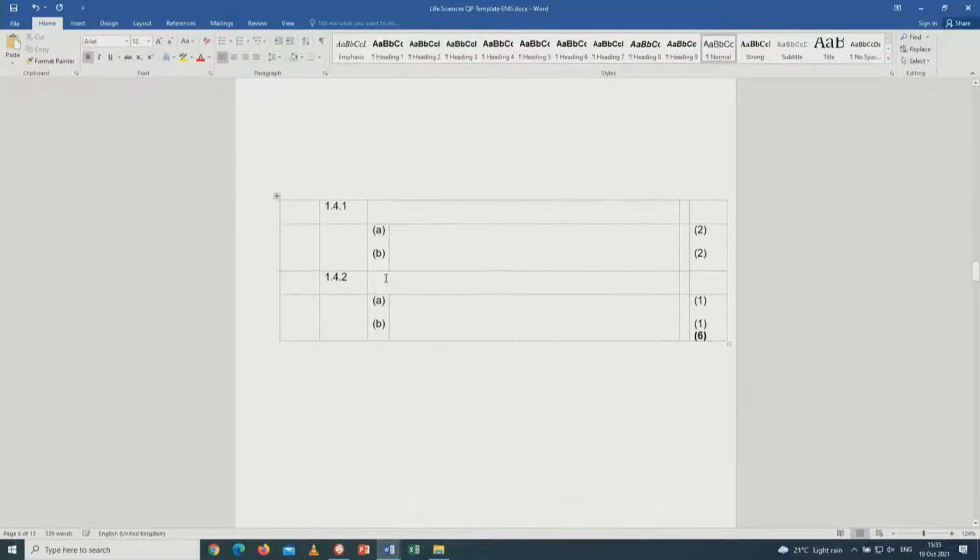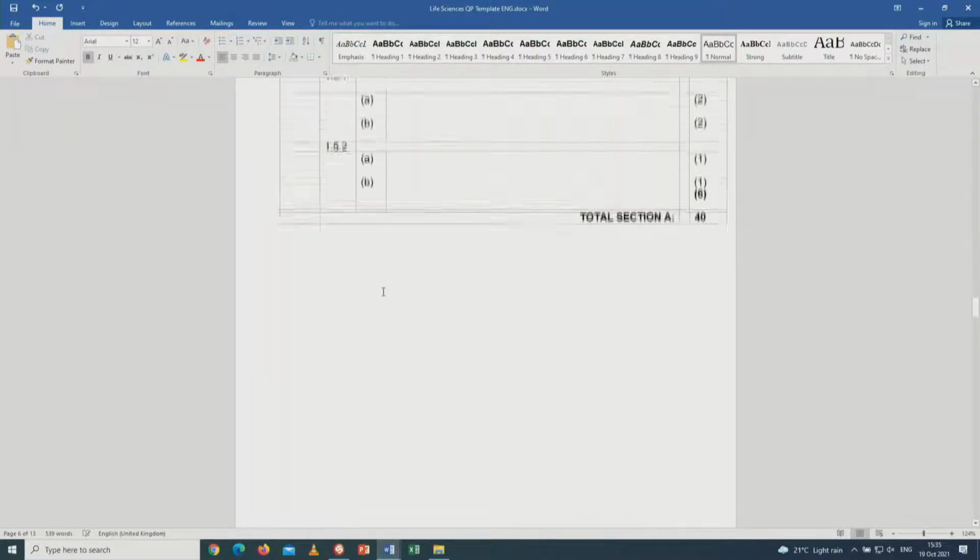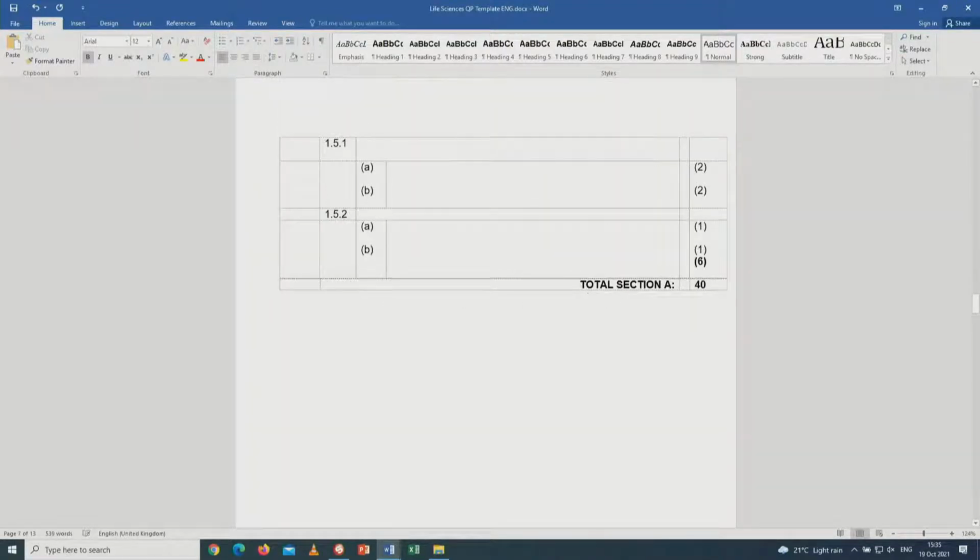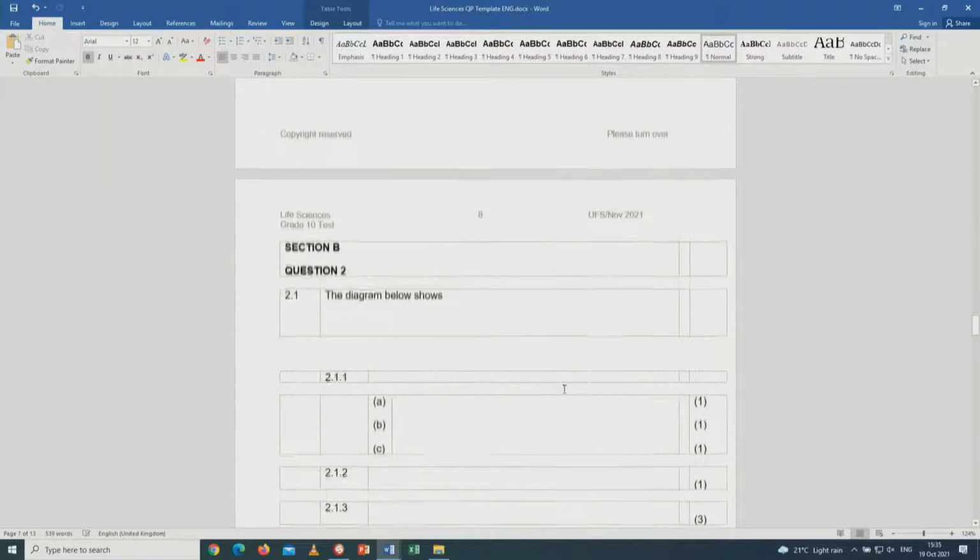There's 1.4 and 1.5, and then you go to section B. And at the end of section A, the total of section A is 40. So this was now for the grade 11 test. So if you want a grade 10 test, then you just replace that 40 with 20.